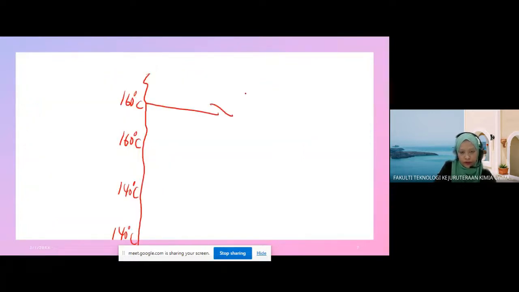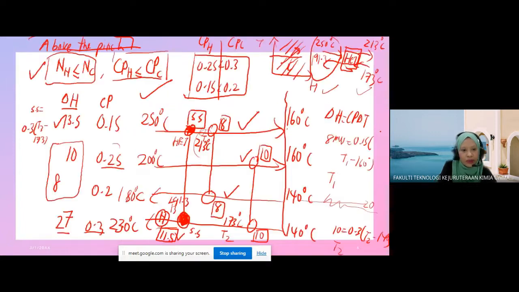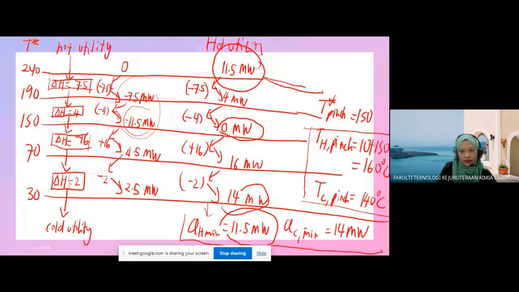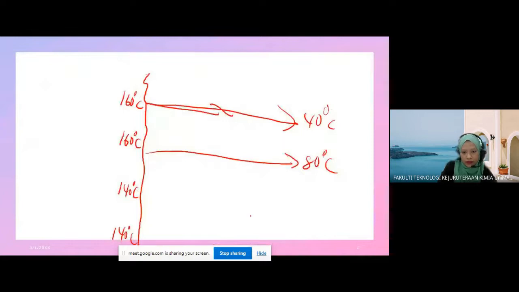So 40 and then to 80 degrees C. And then the cold stream is from 20, and then the second one is 140. And then 140 above. So meaning that you only have this for below the pinch.